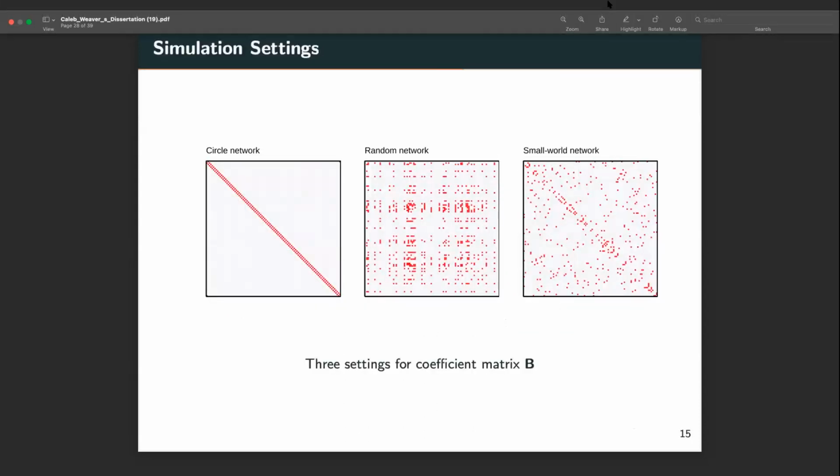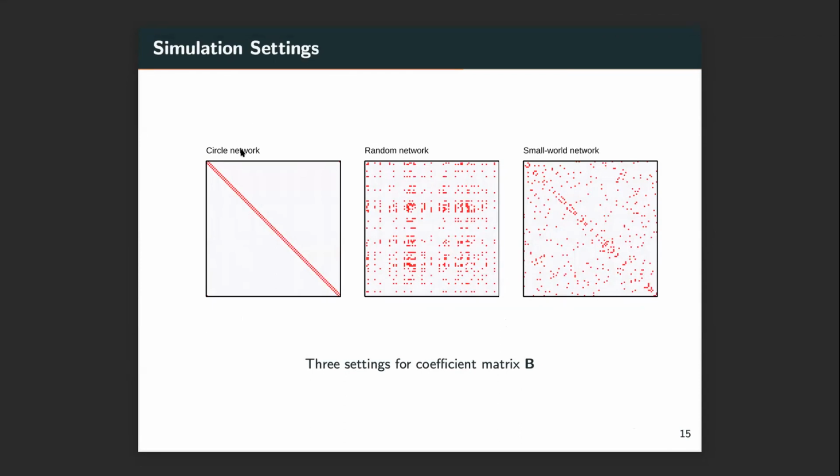And we're going to use 3 types of coefficient matrices. The first is a circle network in which nodes are connected to basically only their nearest neighbor, a random network in which we impose exactly what we're looking for in terms of node and edge sparsity.